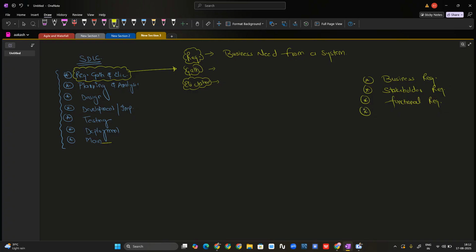The fourth is NFR, non-functional requirement. Okay. So basically these four types of requirements are in the project. There is also one more, related to transition requirements, which we will take care of later.